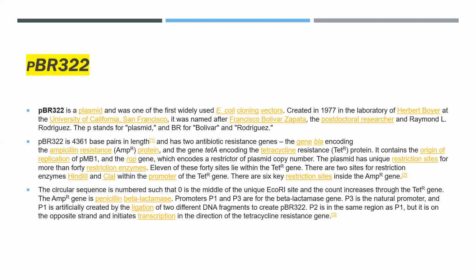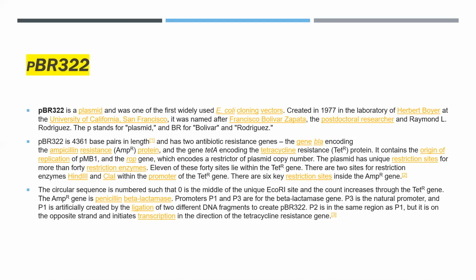The AMP, or ampicillin resistance gene, is penicillin beta-lactamase. Promoters P1 and P3 are for the beta-lactamase gene. P3 is the natural promoter and P1 is artificially created by the ligation of two different DNA fragments to create pBR322.